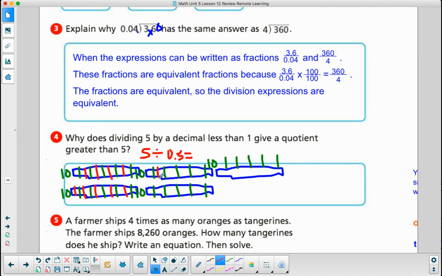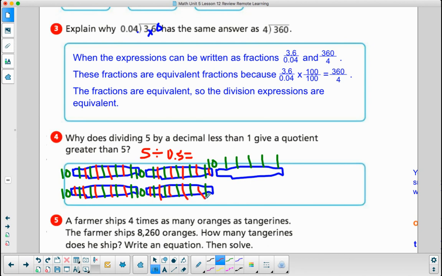There would be 2, 4, 6, 8, 10 in that one, 2, 4, 6. Nope, now I'm doing it wrong the other way. Sorry about that, guys. 2, 4, 6, 8.